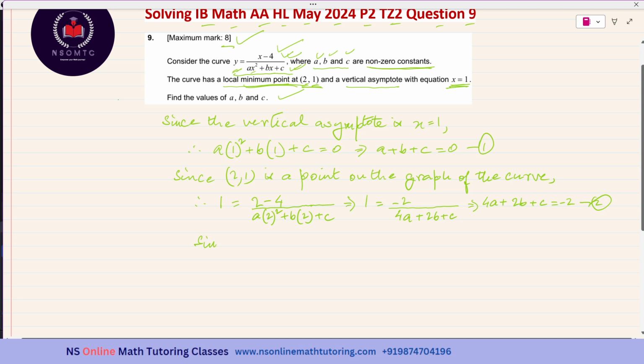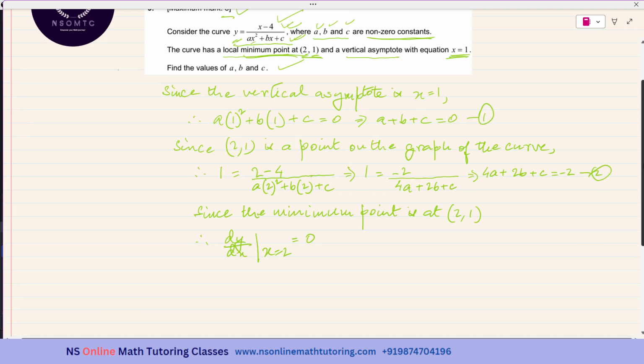Since the minimum point is at (2, 1), therefore dy by dx at x equal to 2 has to be equal to 0. Okay. So we will be using this property.